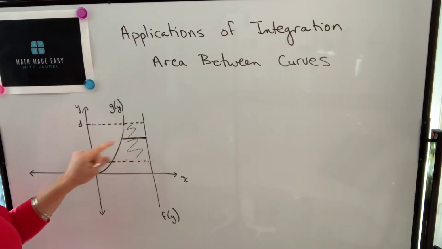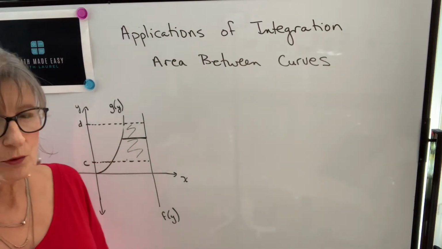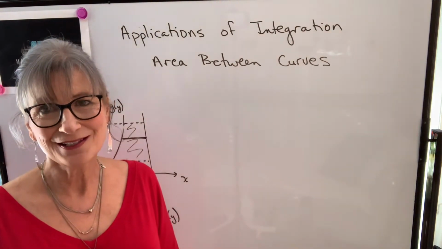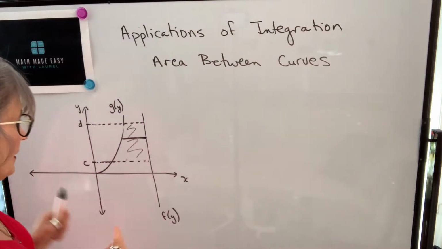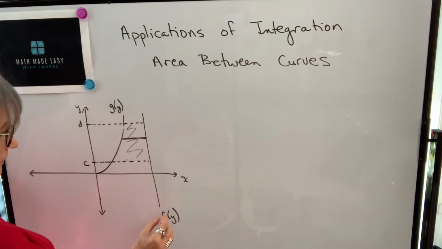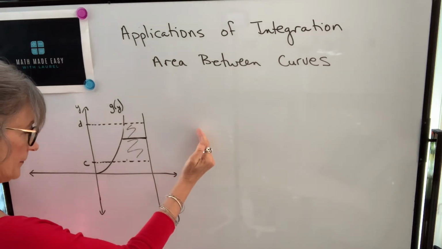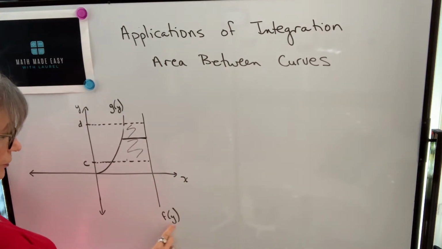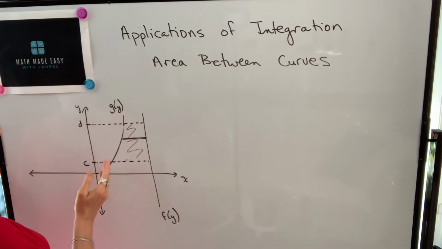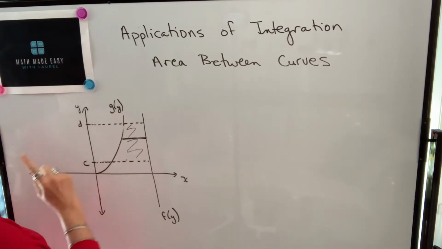When we use horizontal rectangles, we're now going to do everything in terms of y instead of x. So the function that's going to be on the right is going to be a function of y, f of y. The function on the left is going to be g of y.